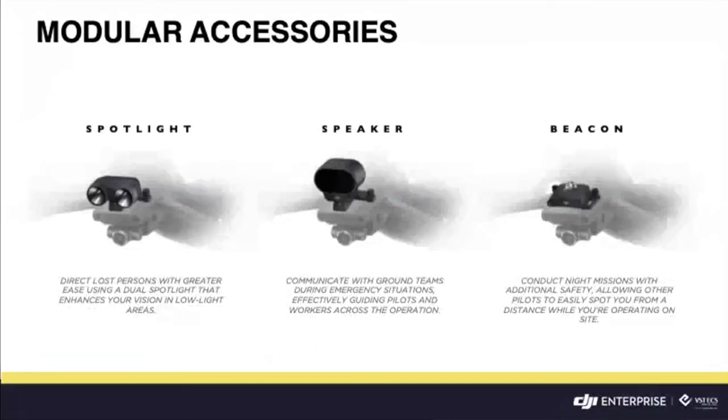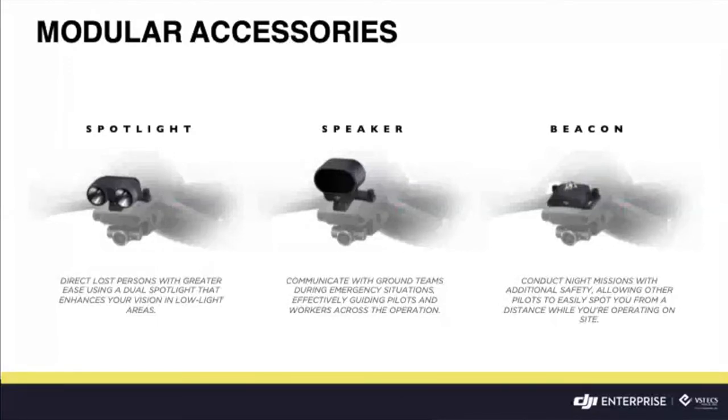With its modular accessories, you can work beyond your boundaries because now you can unlock the possibilities of flight with an extended port, as you can see in the upper part of the drone, that allows you to connect additional devices onto the drone, helping you perform at your best in a variety of critical missions.